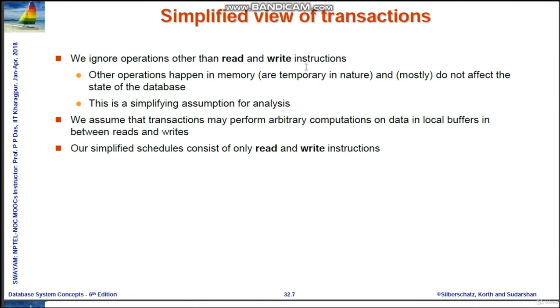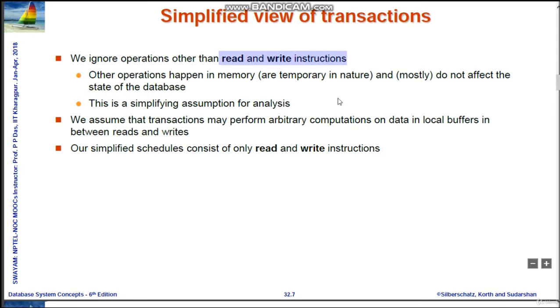Okay, there are many processes running. We only give attention to database operations, and for database operations we only denote these two, read and write. Okay guys, we can read from the database and we can write in the database. So only these two operations run, and in DBMS we only know these two instructions. Other operations happen in memory or are temporary in nature and mostly do not affect the state of the database.